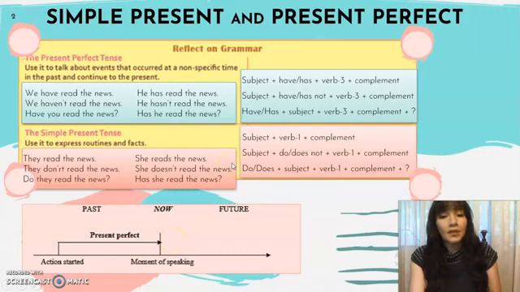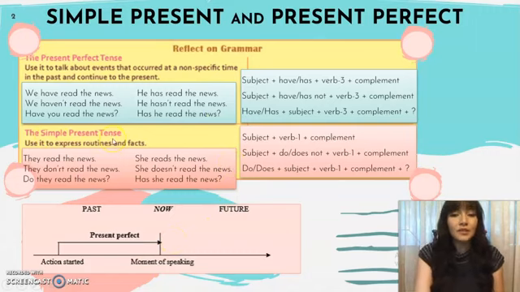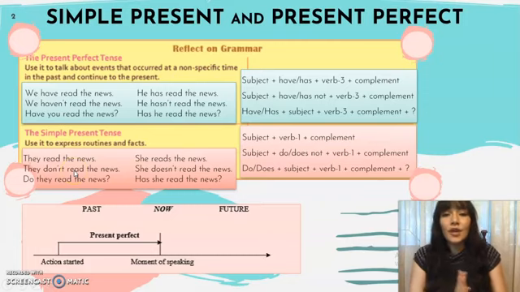On the other hand, we have the simple present tense. When do we use the simple present tense? We use the simple present tense to talk about routines and facts. Routines are the things or actions that we do day by day.